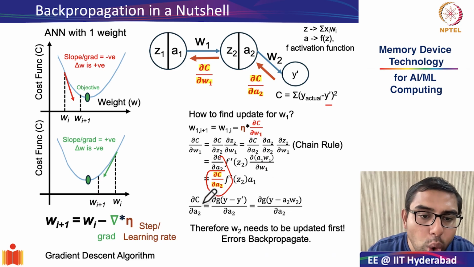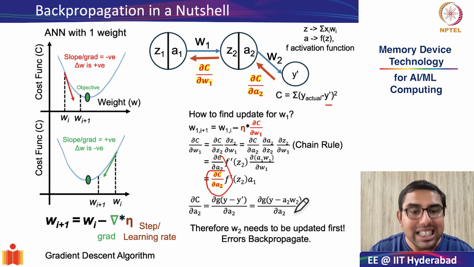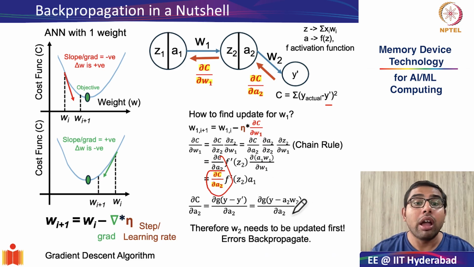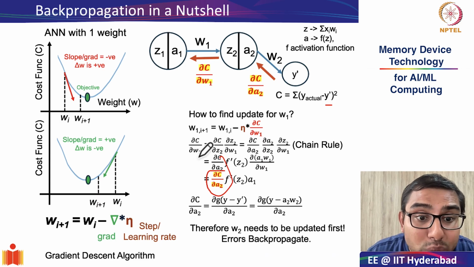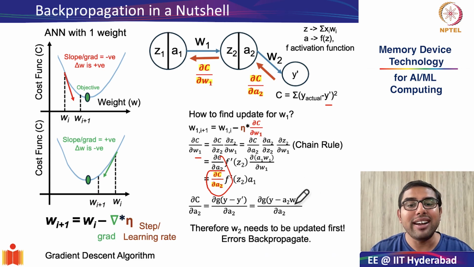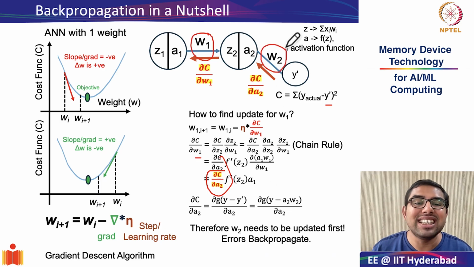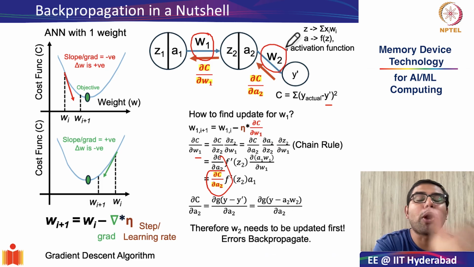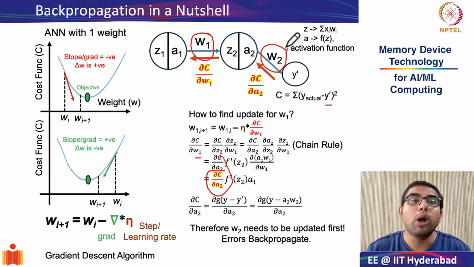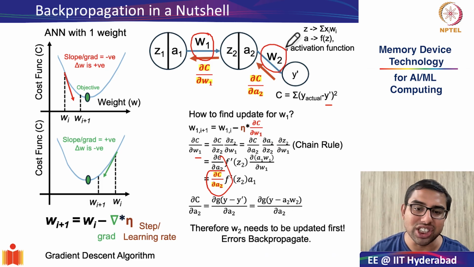So by checking ∂C/∂A2, basically we are saying that in order to first find out W1, you need to find out what is ∂C/∂W2. And this essentially furthermore emphasizes the idea that errors propagate backwards, and this is the principle of backpropagation.